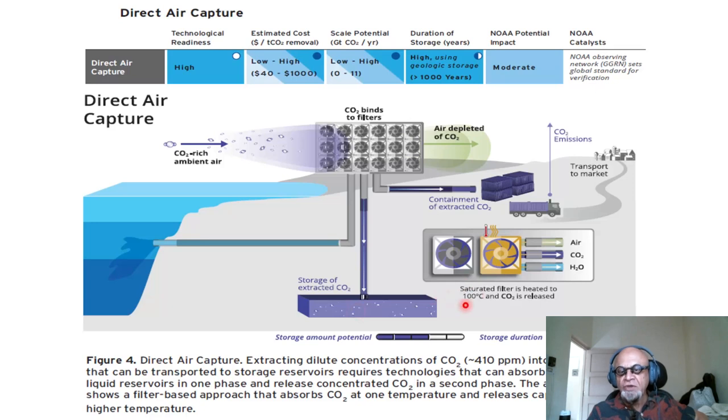You have a saturated filter that is heated to 100 degrees C and CO2 is released, in the sense that you have something here that is, let's say, absorbing CO2 or producing calcium carbonate or whatever. There are various ways in which these are being done, and that filter has to be recovered because you cannot keep on absorbing, binding CO2 into the filter.